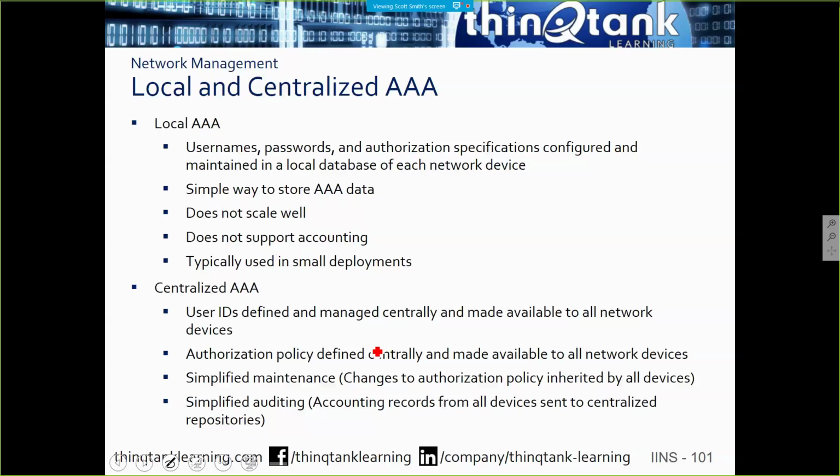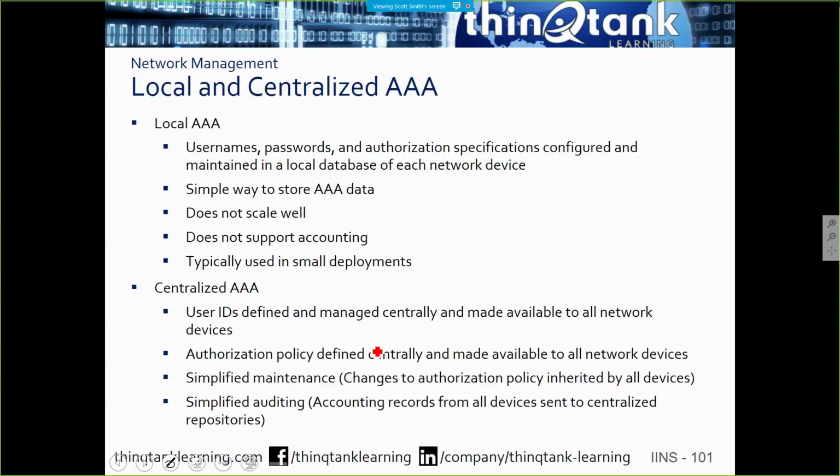We didn't do the complete AAA configuration on the devices, but it's where we simply store all the credentials and all the authorization commands on the router or the switch itself, and we're not using an external server to provide those functions.